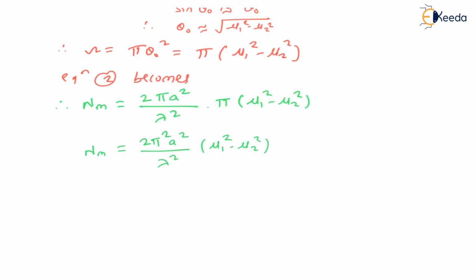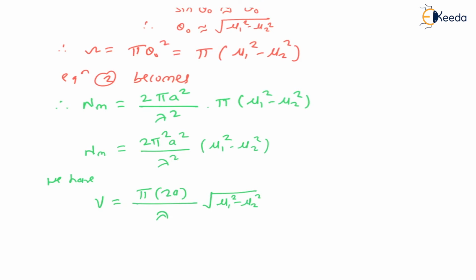V parameter over here. Now here I'll write, we have the equation for V parameter, as we have derived that particular equation in the previous session, and the equation is V equal to pi into twice a divided by lambda into under root of mu1 square minus mu2 square.